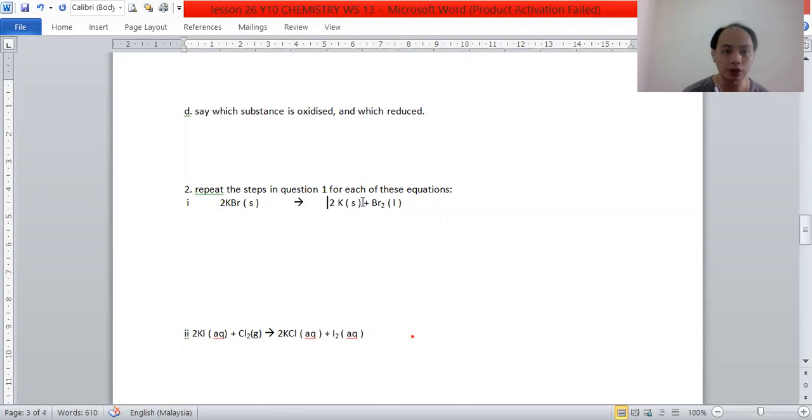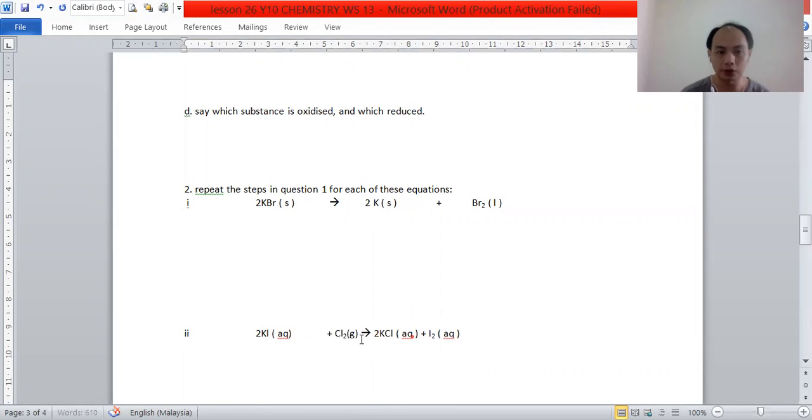You see, this one is a little bit reversed. This one is a compound, and the compound becomes elements. This is potassium bromide.